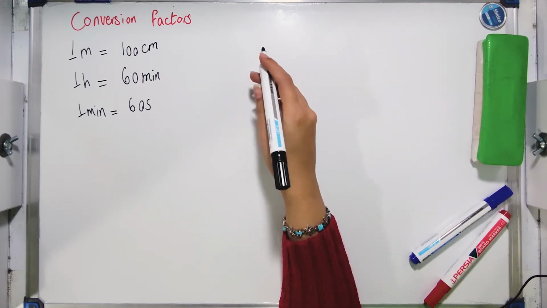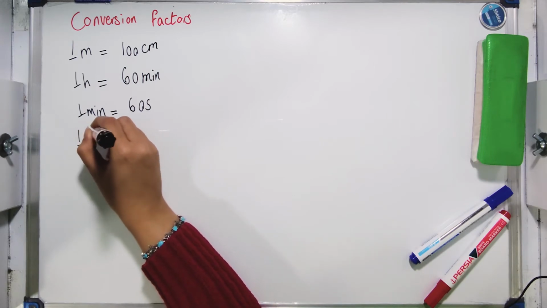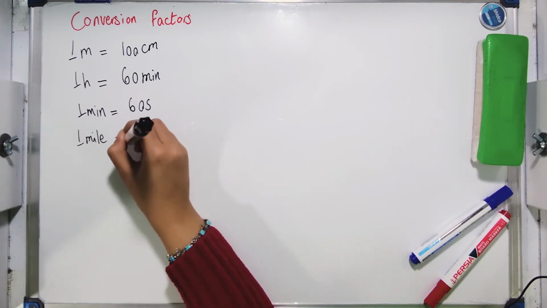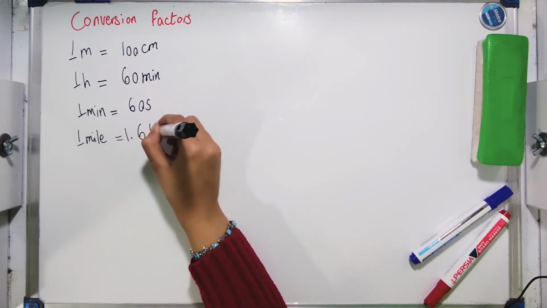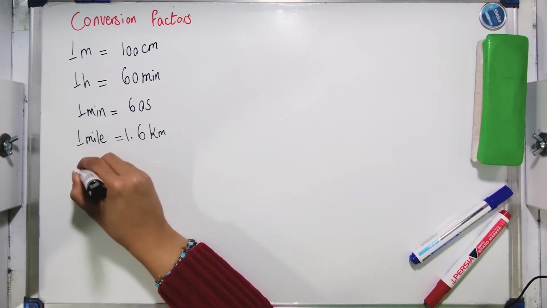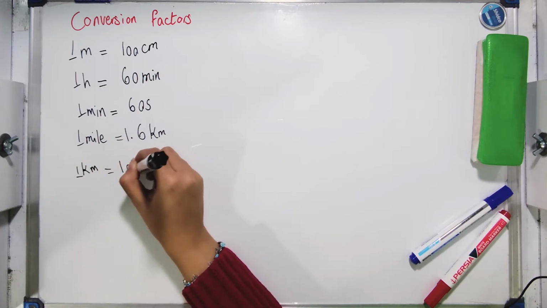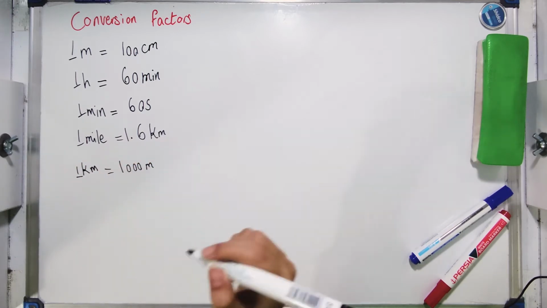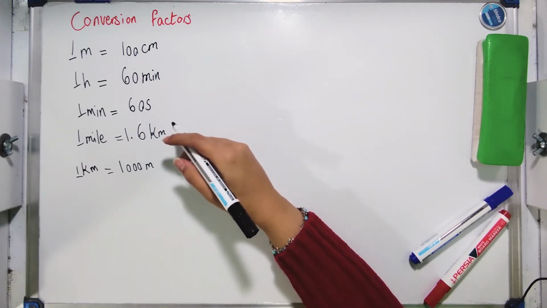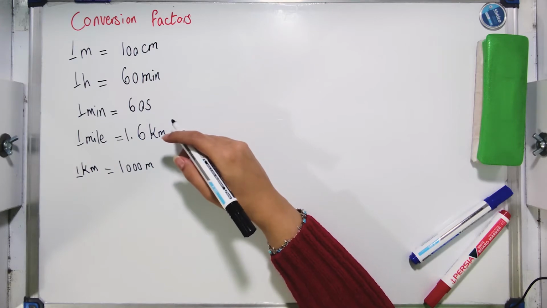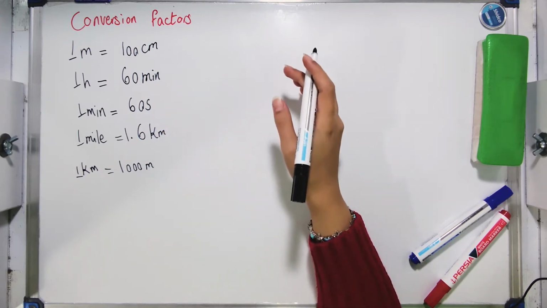So, for example, every mile is 1.6 kilometers. Every kilometer is 1,000 meters. And so on.